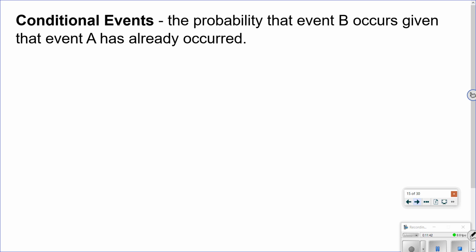You say the probability of B happening, and if you draw this straight line, that means given that A has already happened. So on that last problem, we could say, what's the probability of drawing out a girl's name given that we already drew out a girl's name? Okay, so what's the probability of B happening given that A already happened? So make sure you have that definition. If you need to pause it, you can, but have that definition of conditional probability written down, and make sure you've written down that notation also.